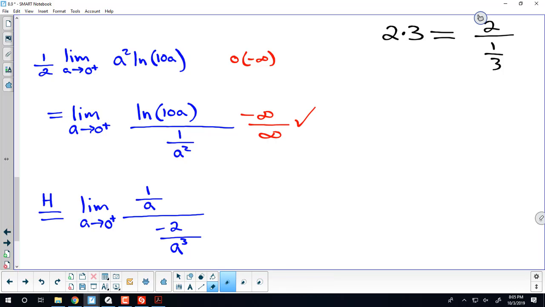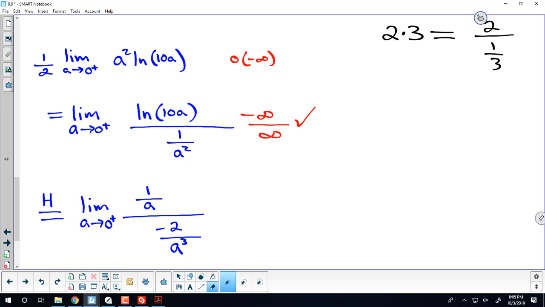The crucial thing in L'Hopital's that often gets overlooked: after you apply L'Hopital's, before you reevaluate, what do you do? Make sure it's still in the indeterminate form. Yeah, it is still in the form; the numerator is approaching infinity and the denominator is approaching infinity, so it doesn't help us much.